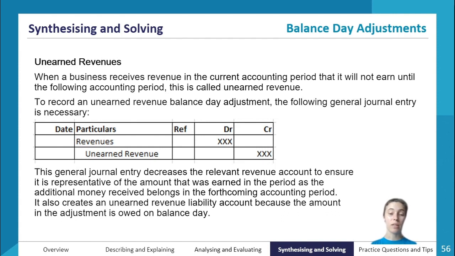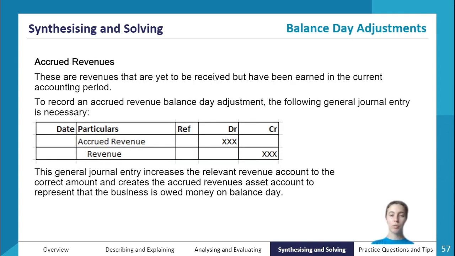It also creates that unearned revenue liability account because the amount in the adjustment is owed on balance day. So that again goes to the statement of financial position in the current liability section.